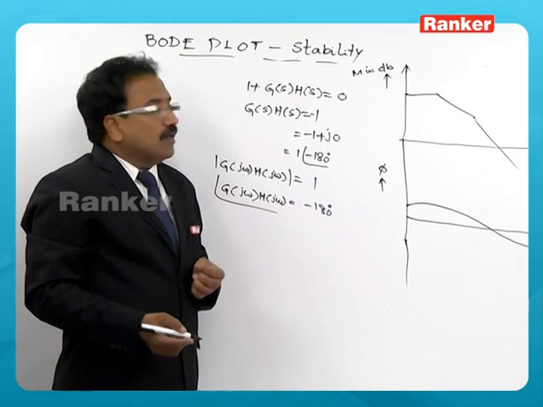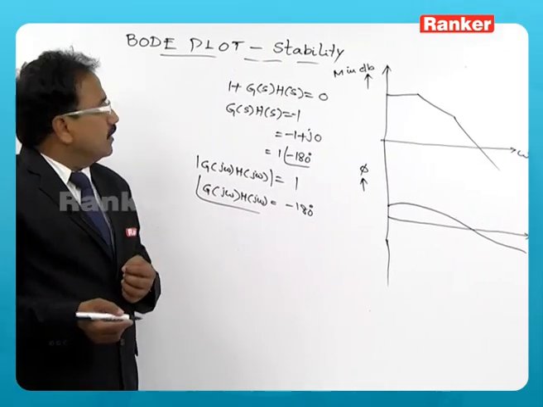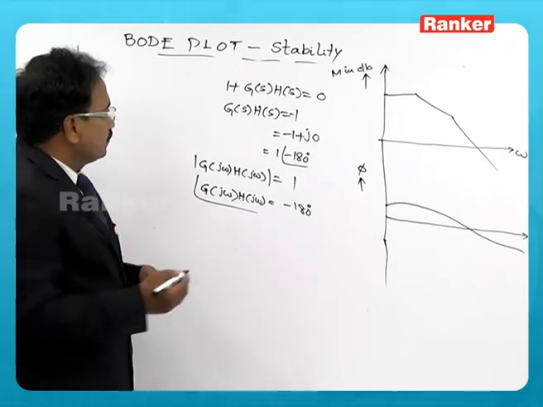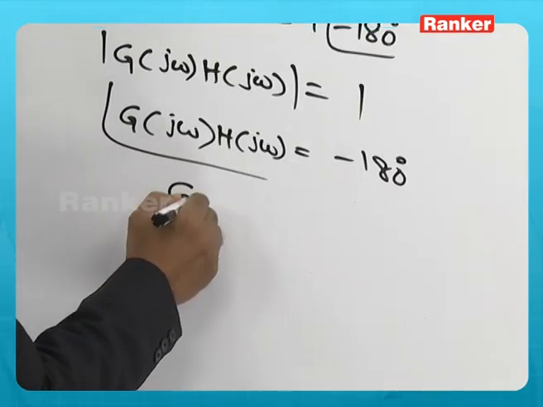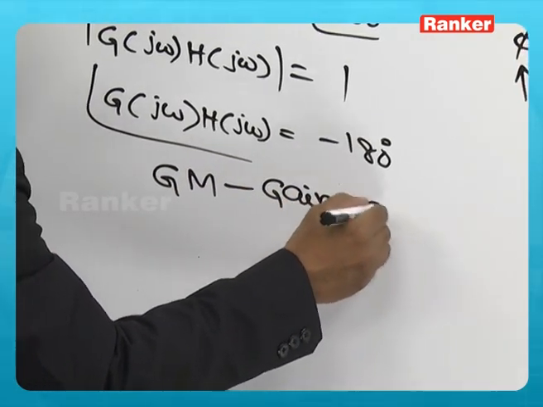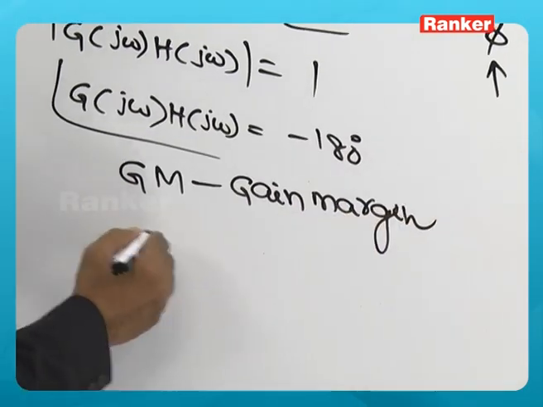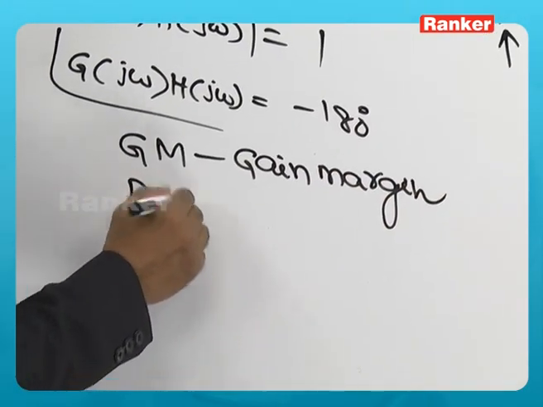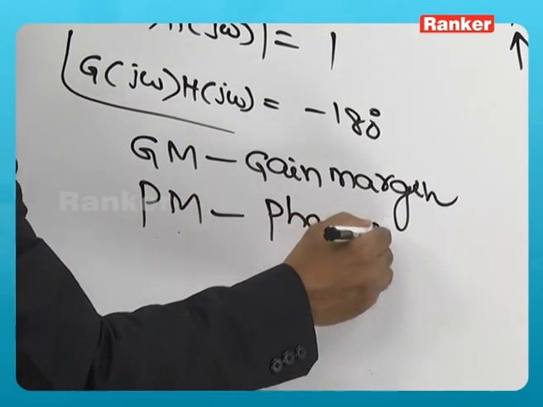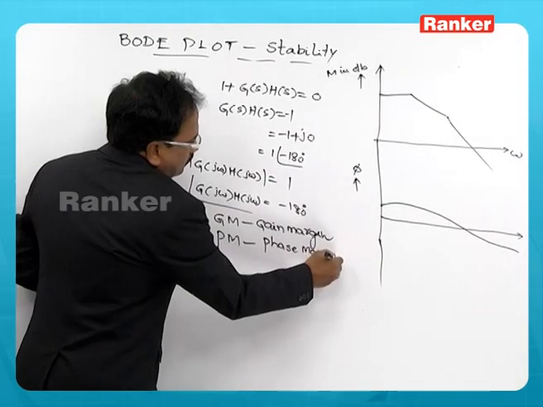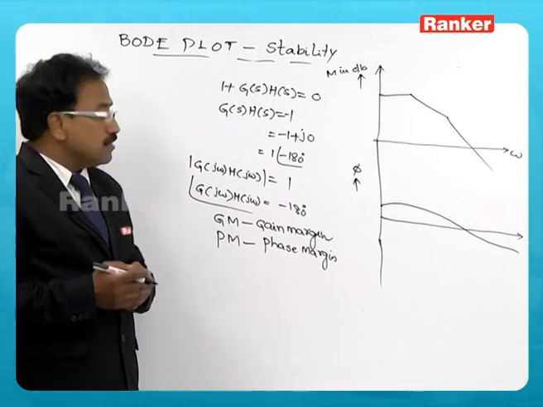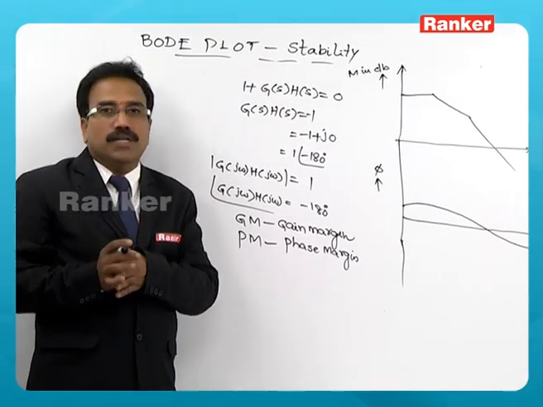So, we need to identify 4 parameters from the Bode plot. One is GM, called gain margin, and the second term is phase margin. These margins, gain margin and phase margin, are considered as stability parameters.